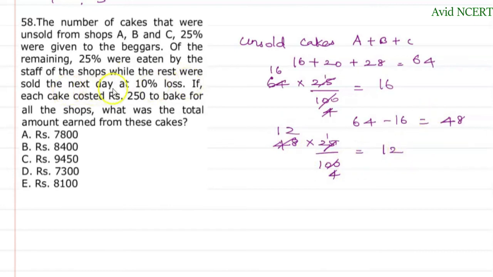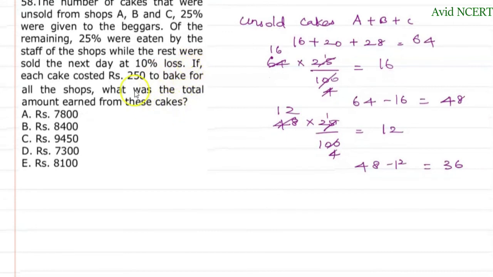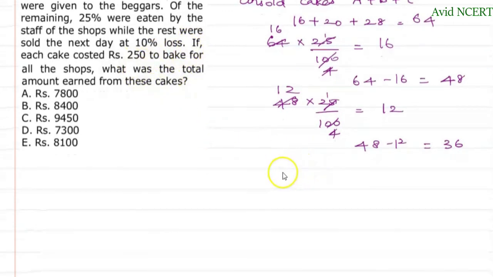The rest was sold the next day. So the rest is, out of this 48, staffs ate 12. So which is equals 36. So this 36 cakes were sold the next day at 10% loss. So the making of each cake is 250 rupees. So out of this, 10% loss is 10 by 100, which is 0, 0 gets cancelled and 0, 0 gets cancelled.